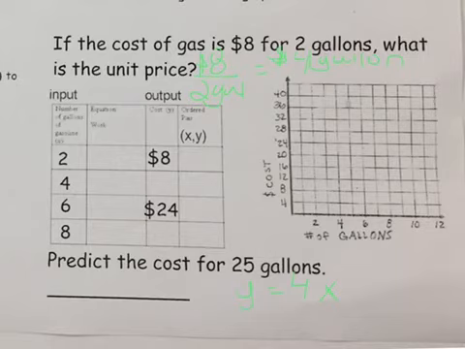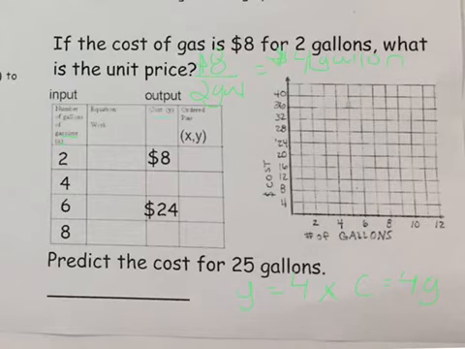So it might be C is equal to 4G. Your cost is equal to 4 times the number of gallons. Okay? So sometimes they switch the variables and they match them for the letters that go along with the story. This is your x for gallons, and then this is your cost, which is y.